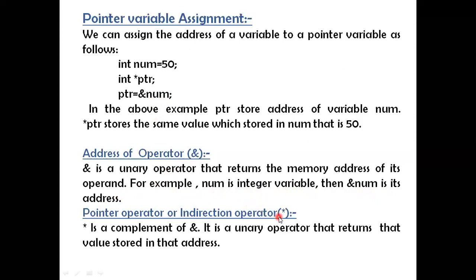Well, let's move on to one more operator called star. You can call it the pointer operator or indirection operator. You need to remember the name indirection operator. Star is a complement of ampersand.